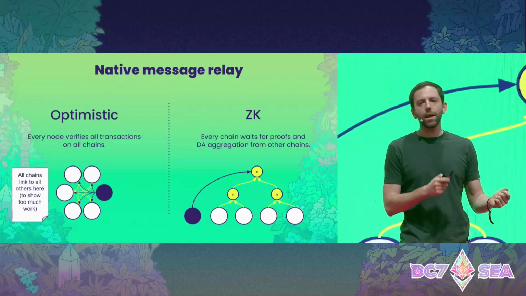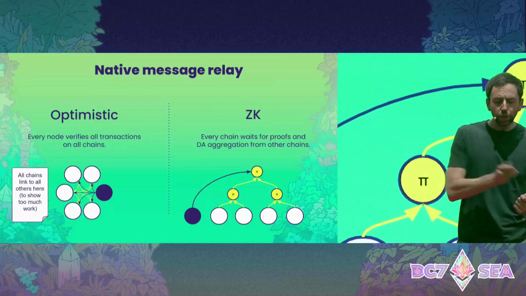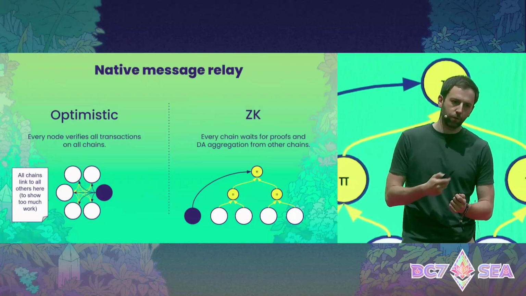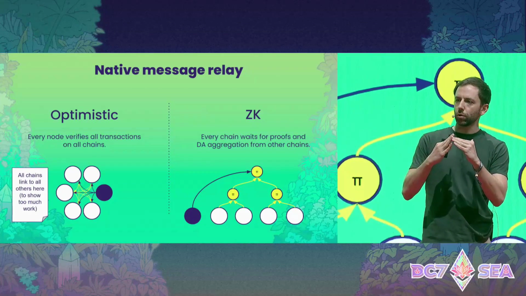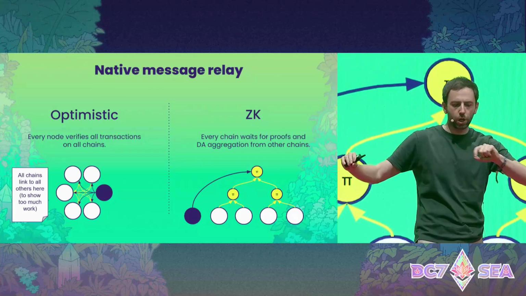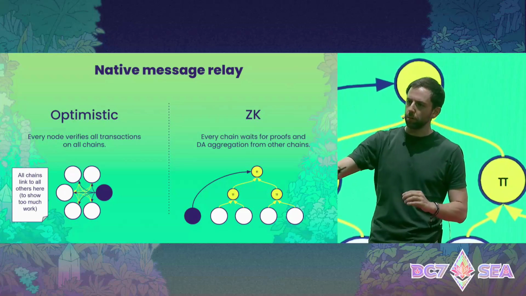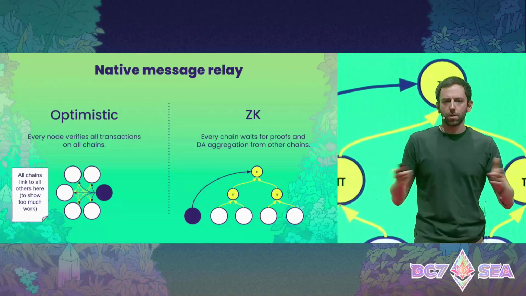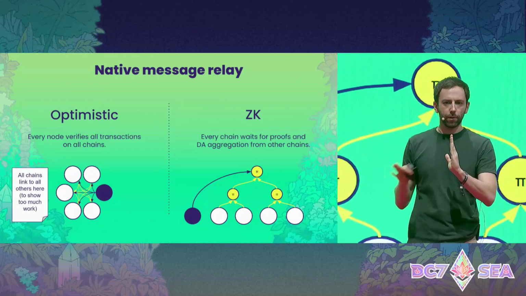With the ZK cluster approach, you can do it differently. Each of the chains has to generate a validity proof, the ZK proof of each of its blocks. You can then recursively aggregate them together. You can take the state of the latest block of these chains and also recursively aggregate them, get a single root hash, and put it on Ethereum as a settlement layer. Each chain is doing its own piece of work, not caring about everyone else.